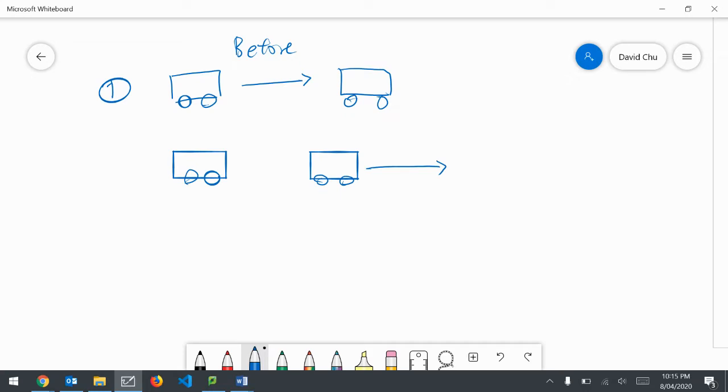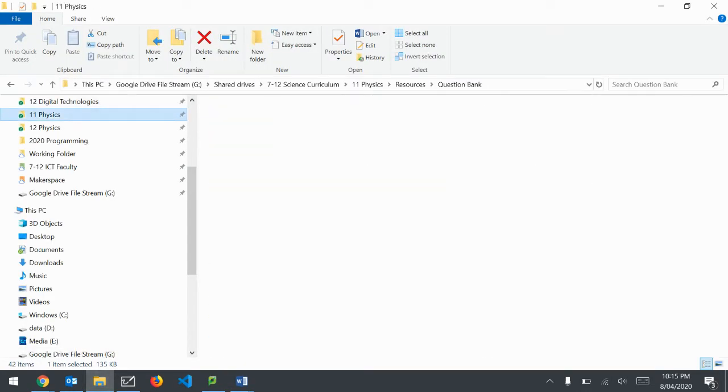So this is the first scenario, and it looks something like this.